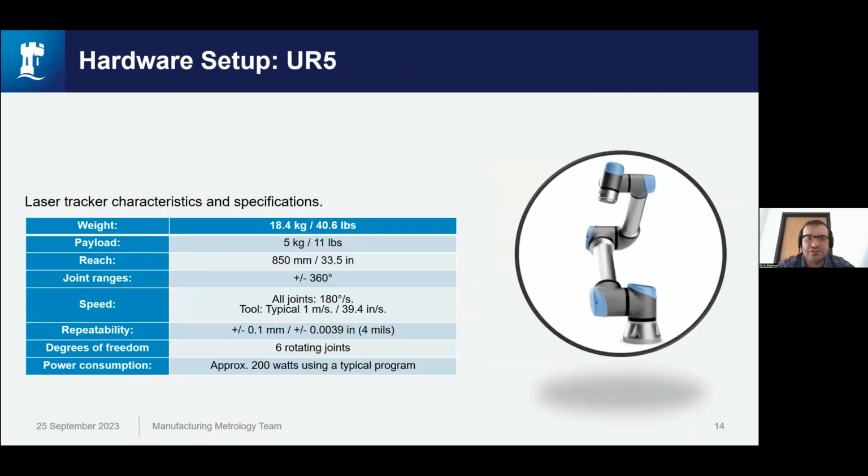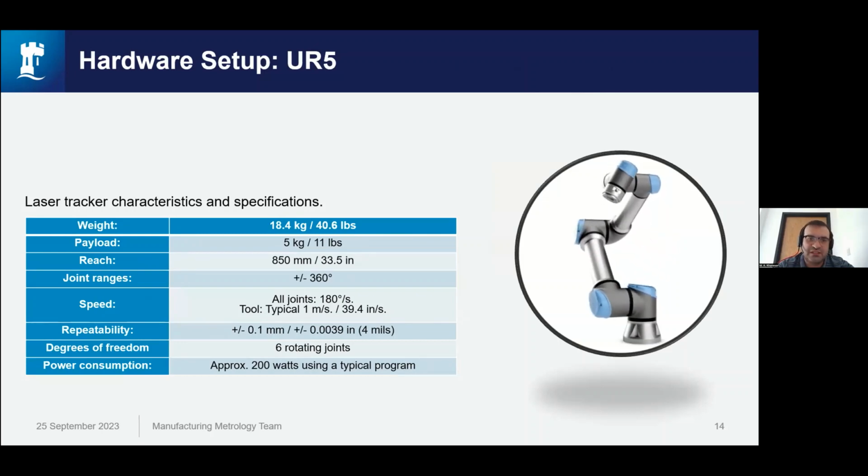And the industrial robot which we have used in this case is a Universal Robot UR5. As you can see here, its weight is 18.4 kilograms. It is capable of moving a 5 kilogram load. Its reach is 85 centimeters.